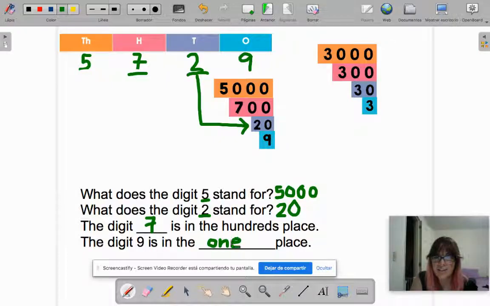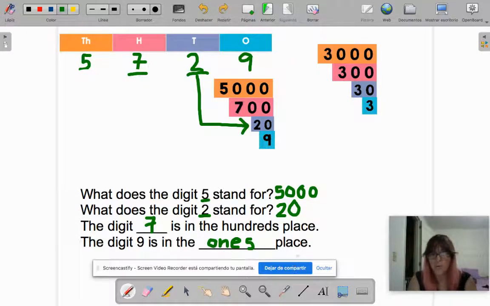These are the 3 kinds of questions or sentences that you will have to answer right now. You have to read carefully and not get confused, because sometimes students can say the digit 9 is in the, and they put it like this, 9's place.